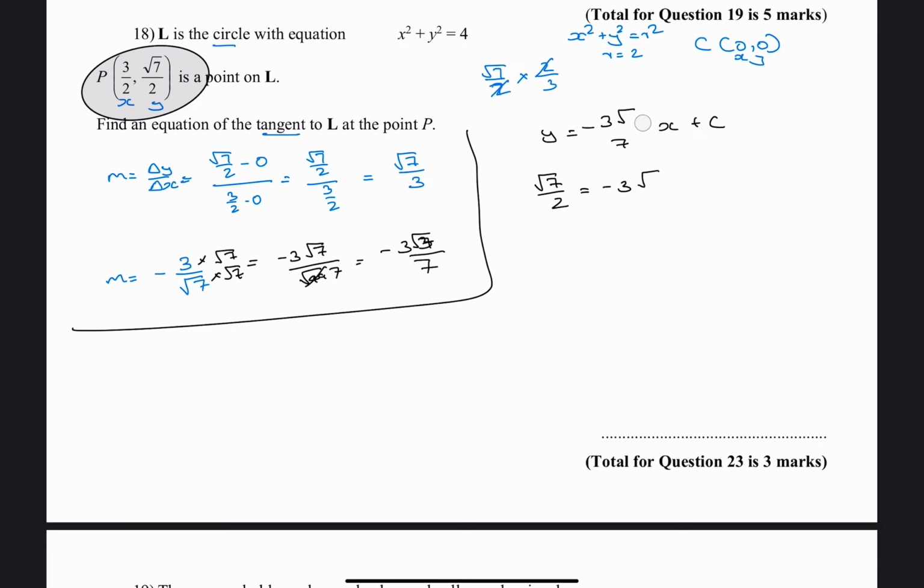Okay, let's just erase this. 3 root 7 over 7.